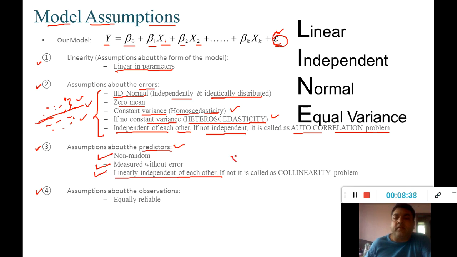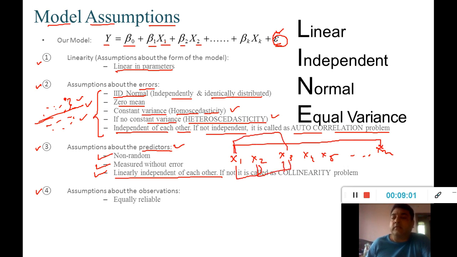The meaning of this is, if I have x1, x2, x3, x4, x5 and so on up to xn in my data, all these x's should be linearly independent of each other, which means there should not be any linear relationship between x1 and xn, or x1 and x2, or x2 and x3, or x3 and x1, or x3 and x5, and all x's with each other, right? This is assumption number 3 for predictors, and this is very, very important. We are going to examine this in our case study today.